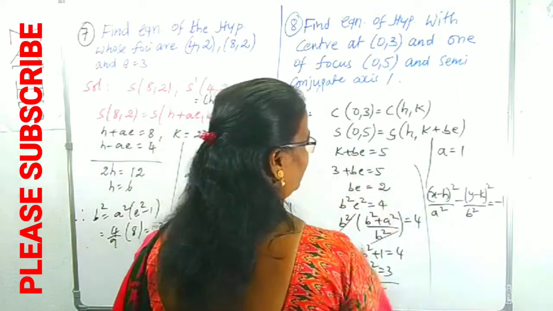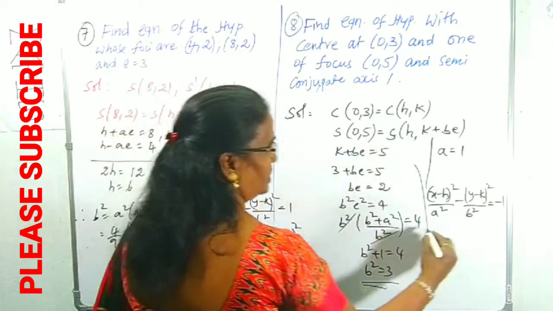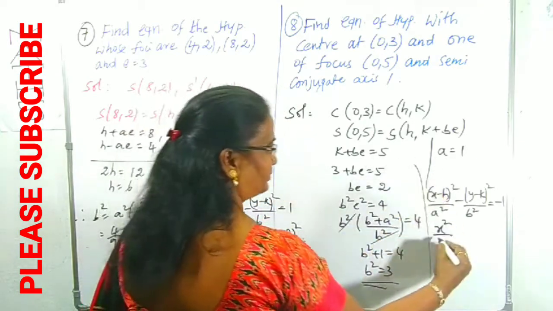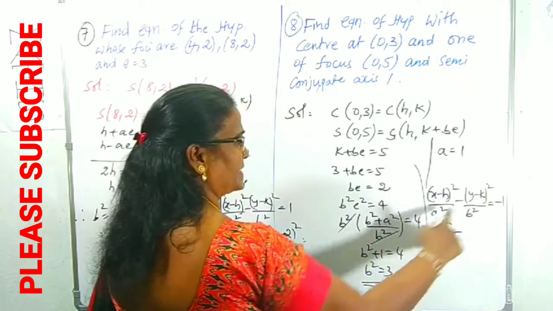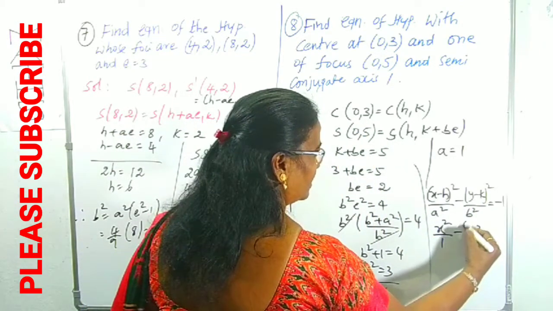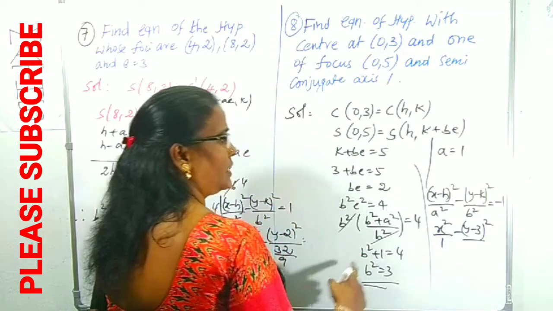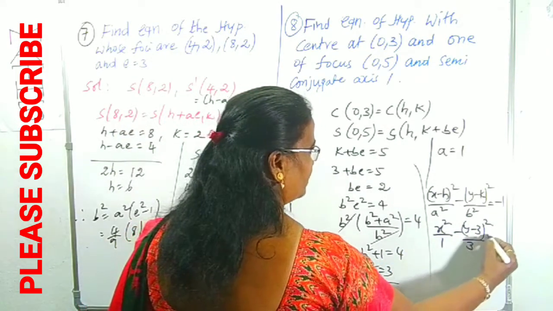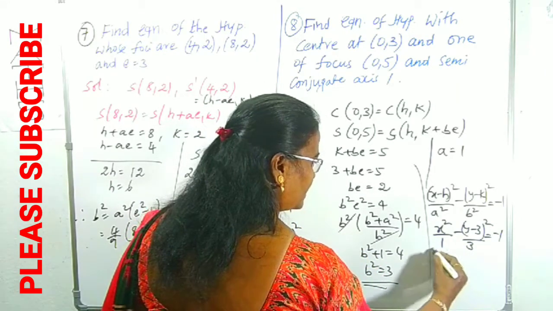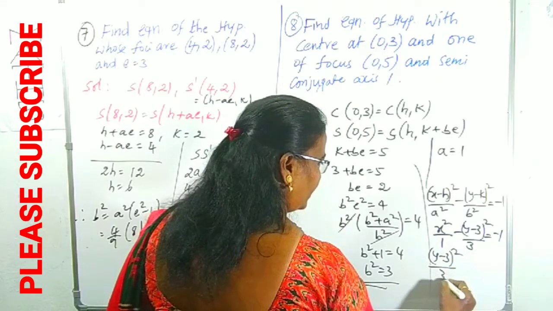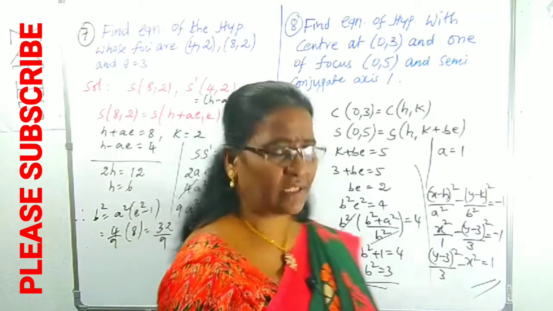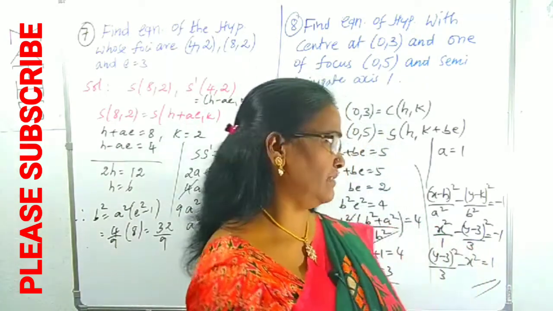Already I have written, we can substitute those values. h is 0, that means (x minus 0) whole square is x square by a square is 1, minus (y minus k), k is 3, (y minus 3) whole square by b square is 3, equal to minus 1, right? We can rewrite this also as (y minus 3) whole square by 3 minus x square is equal to 1. That's it. This is the required equation of the hyperbola according to the given content.